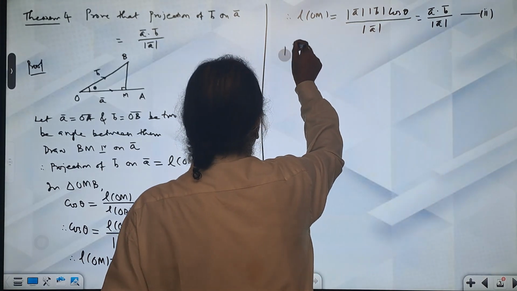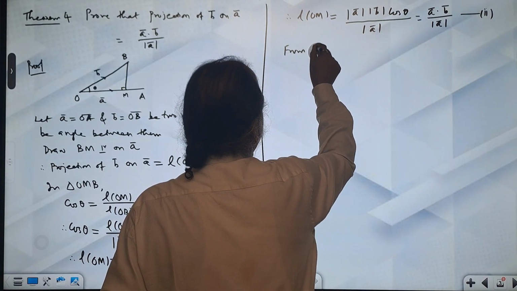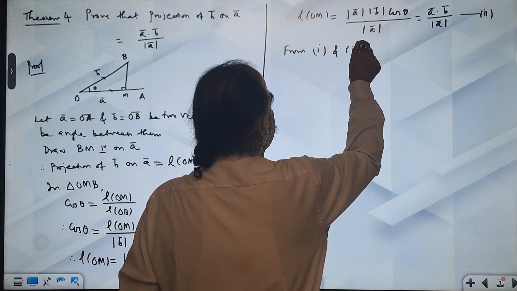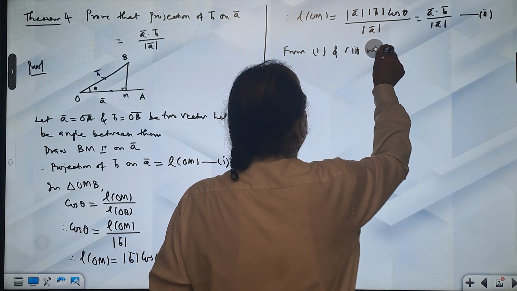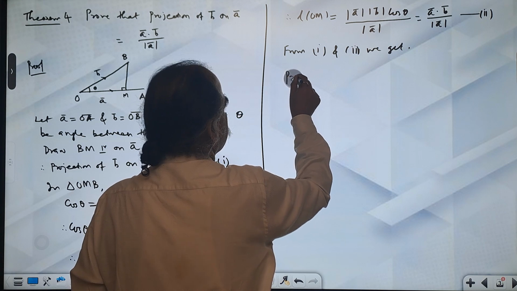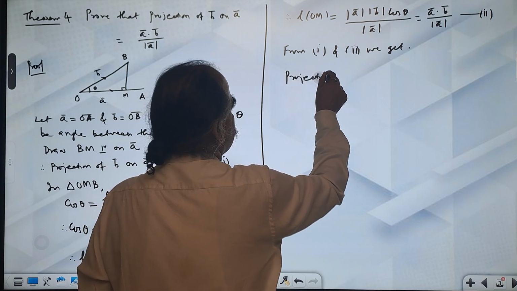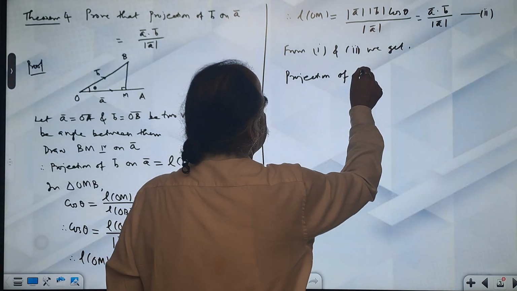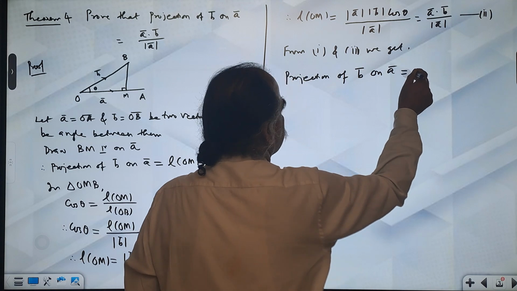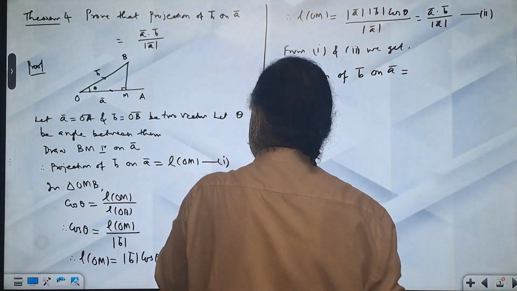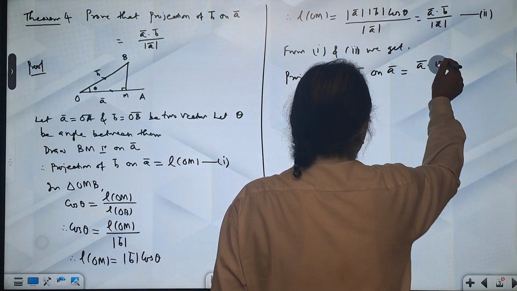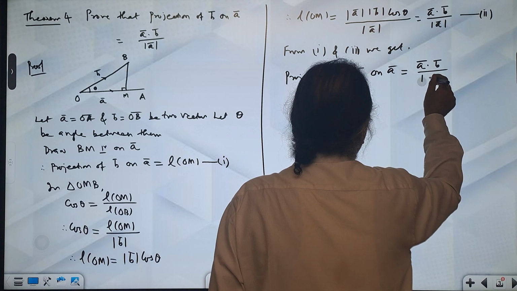From 1 and 2 we get projection of B bar on A bar is equal to length OM, and length OM we got A dot B upon mod A bar.